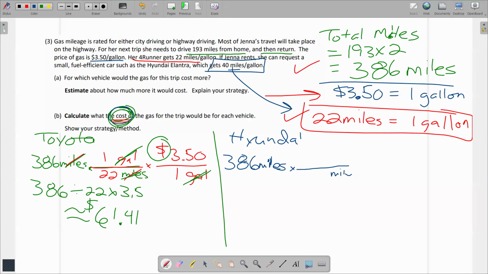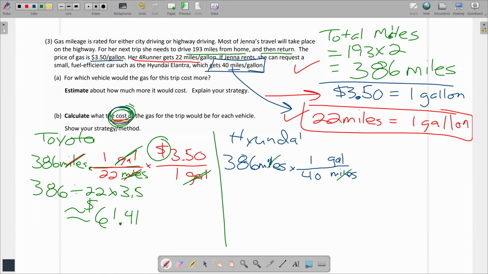Miles has to go in the opposite position. Gallons then gets to go in the other position. And for the Hyundai, it's 40 miles to 1 gallon. That allows me to cross out miles, which tells me again, if I want to make the conversion, I divide by 40, not multiply by 40, because it's in the bottom.